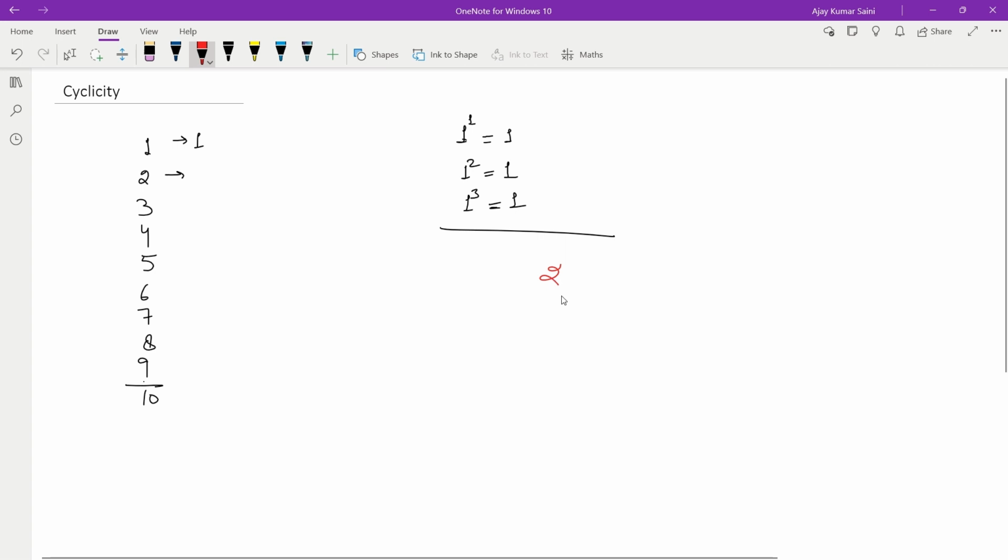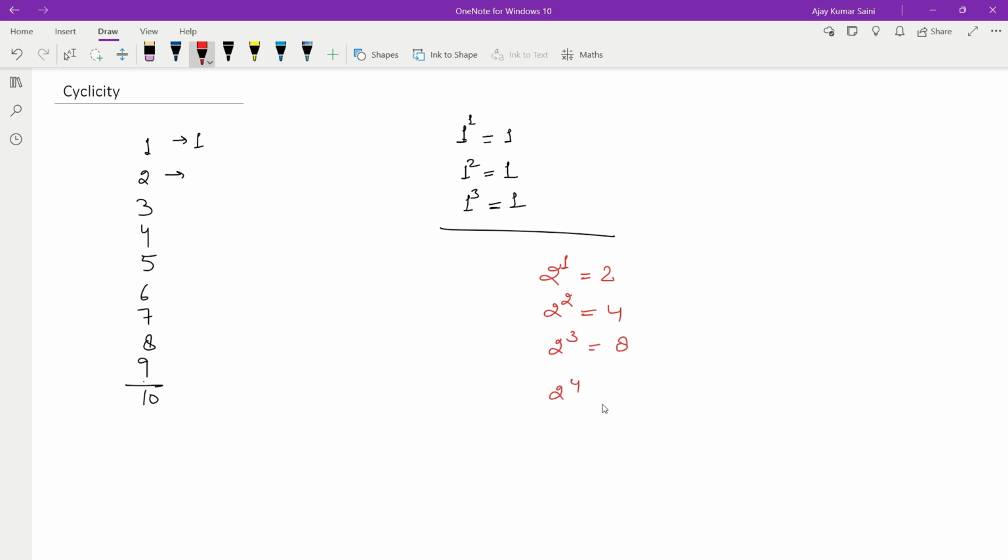Now come to 2. If the power of 2 is 1, then what is the value? It is 2. If the power of 2 is 2, then the value is 4. If the power of 2 is 3, it is 8.